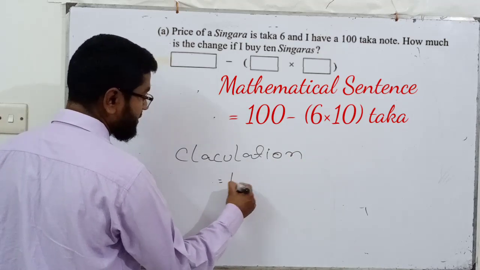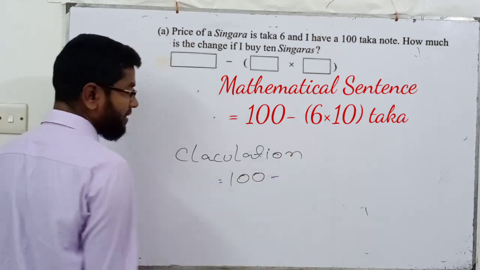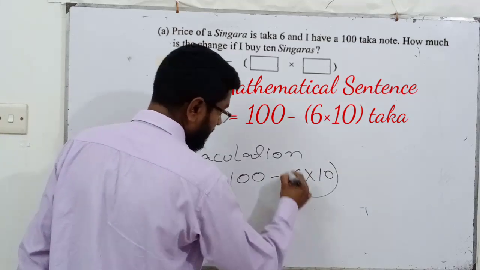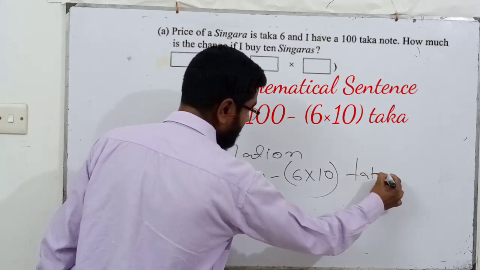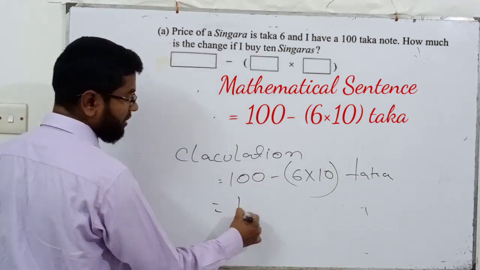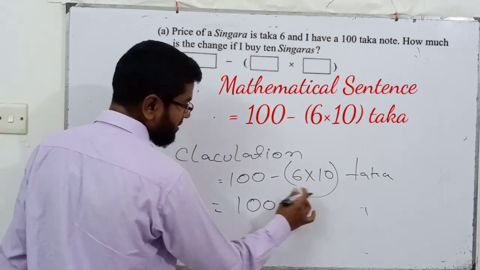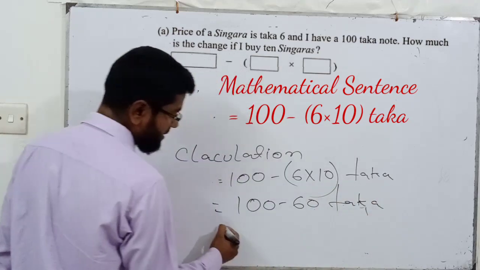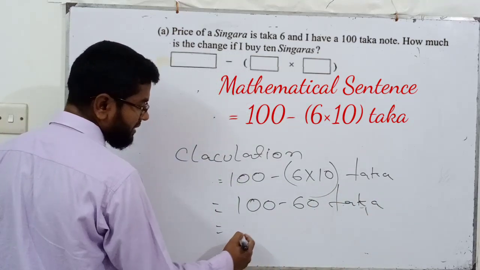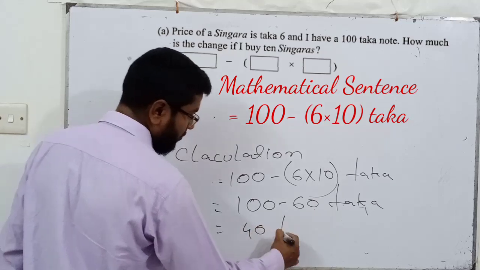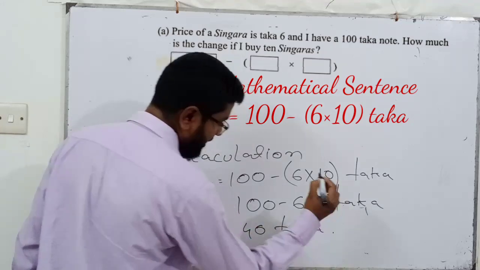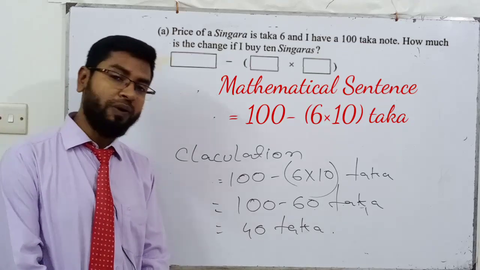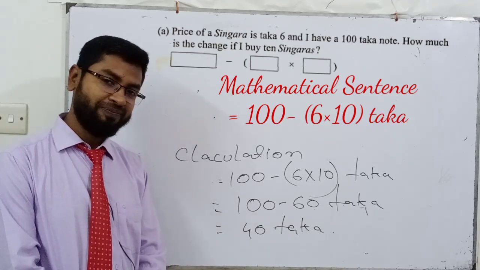Total is 100 taka I have, paid for the 6 shingaras price. Then I will write taka. So the calculation is bracket work first. So 100 minus bracket is 60 taka. Then what will be the price? Yes, it is 40 taka. You can get 40 taka back if you buy 10 shingara.